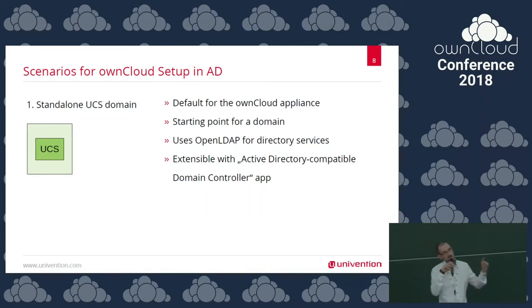And already with this setup, you can extend it afterwards when the appliance is running with the so-called Active Directory compatible domain controller, which installs Samba to the machine, and then you have Active Directory functionality and can use your Windows clients or other systems that need Active Directory functionality. So here basically this is the starting point to bring up Active Directory without Windows, but with using Univention Corporate Server and Samba.